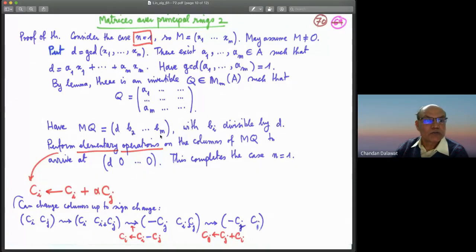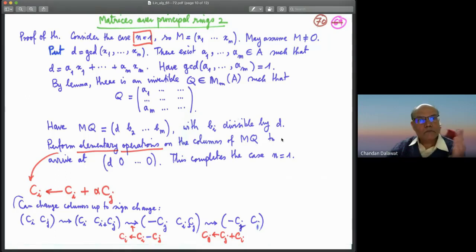Because these B1 to Bm are multiples of D, so I just subtract the appropriate multiple of the first column from the next column, and so on. From each of the columns 2 to m, I subtract the appropriate multiple of the first column. Then these entries will become 0.